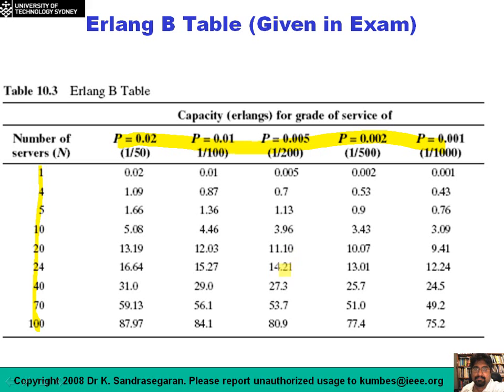You can also, if you know the Erlangs and the blocking probability, work out the number of servers or channels that you need to carry that. So usually, if I have a question for you in the exam, by the way, can you bring that Erlang table that I gave you today? You can use that same table in the exam.